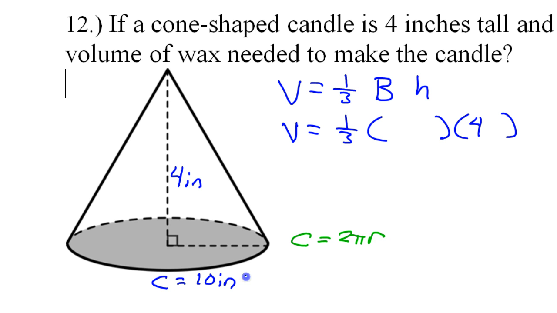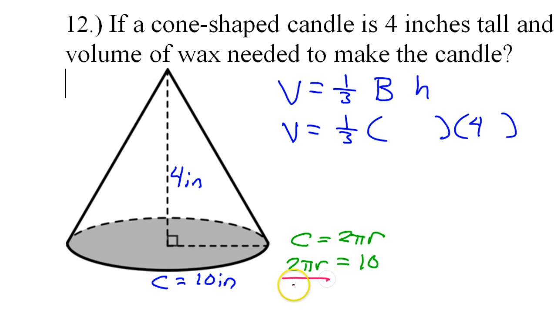Now they gave us the circumference, so that means 2 pi times the radius should equal 10. In other words, we're just plugging in the 10 for the circumference. So we should be able to solve this for the radius. So let's go ahead and do that.